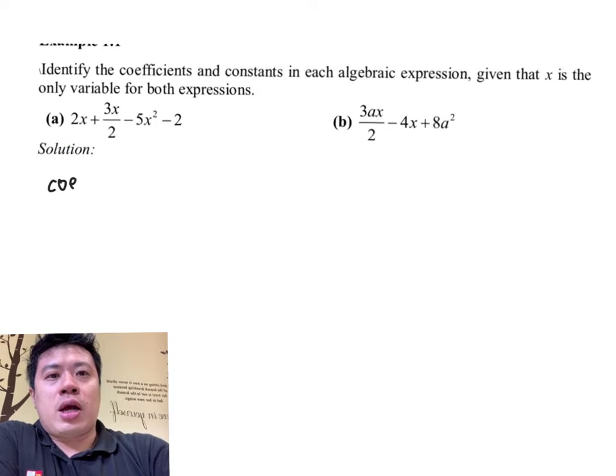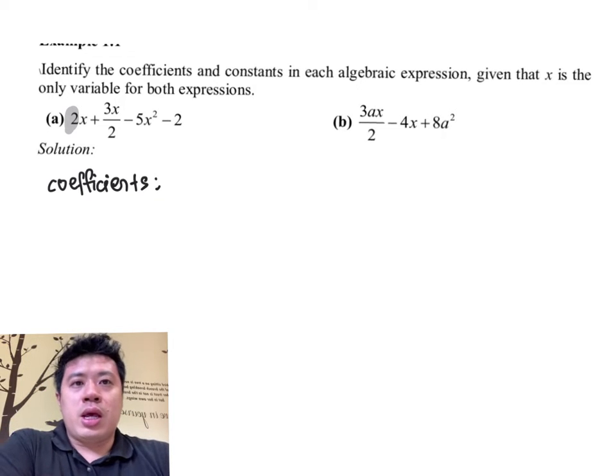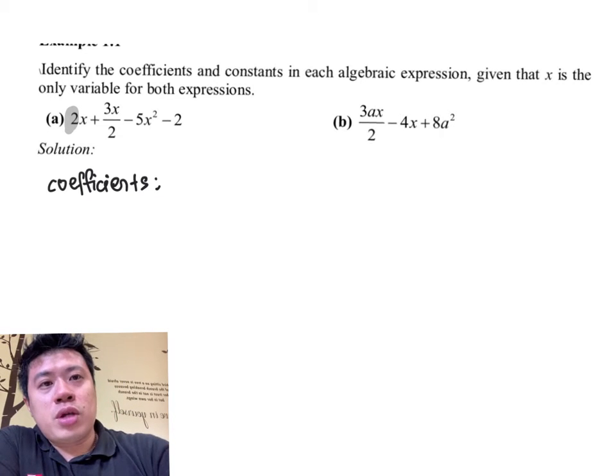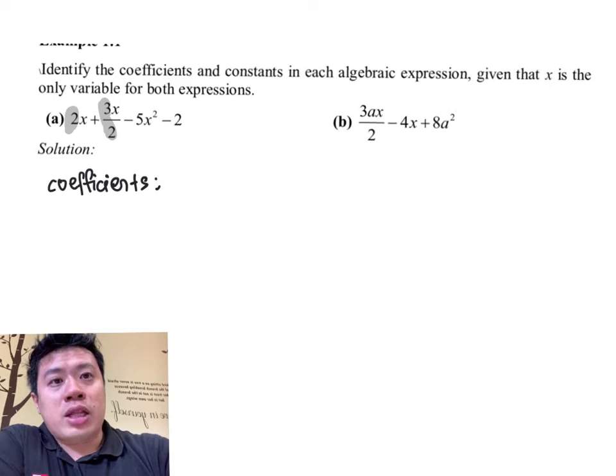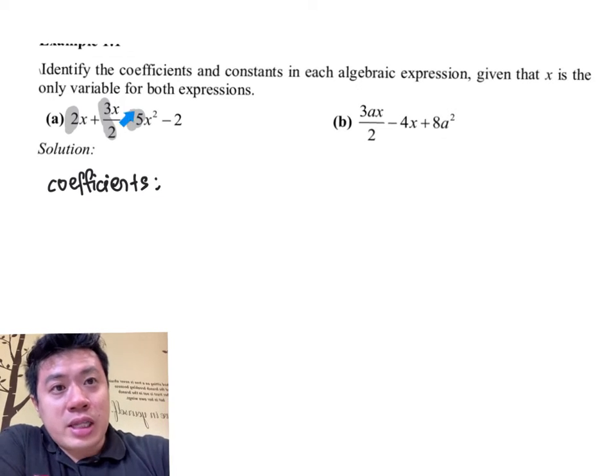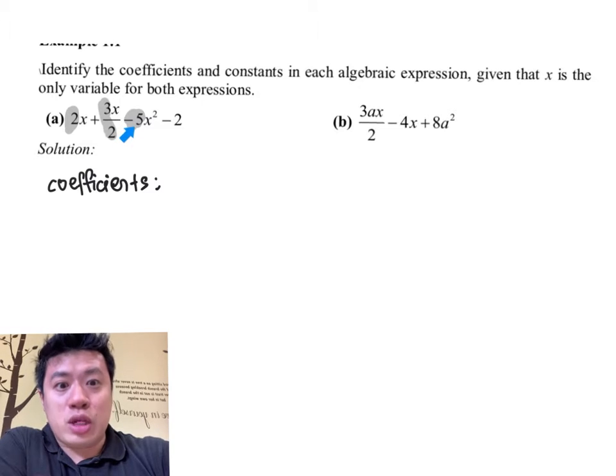So if you look at 1.1a, the coefficient here will be 2, and the coefficient here will be 3 over 2. The coefficient here will be negative 5. Now take note that if there's a negative sign, you have to include the negative sign as well.